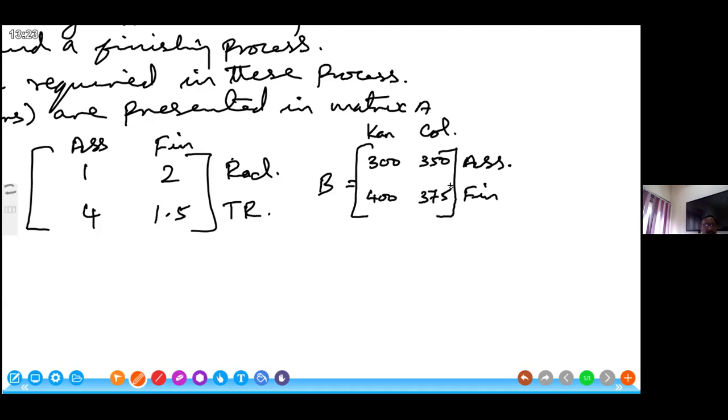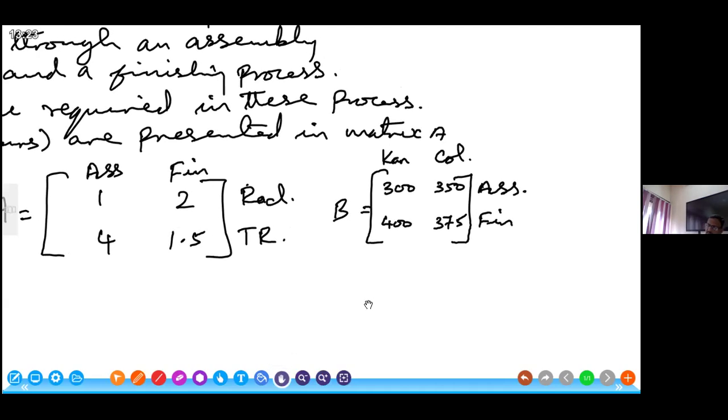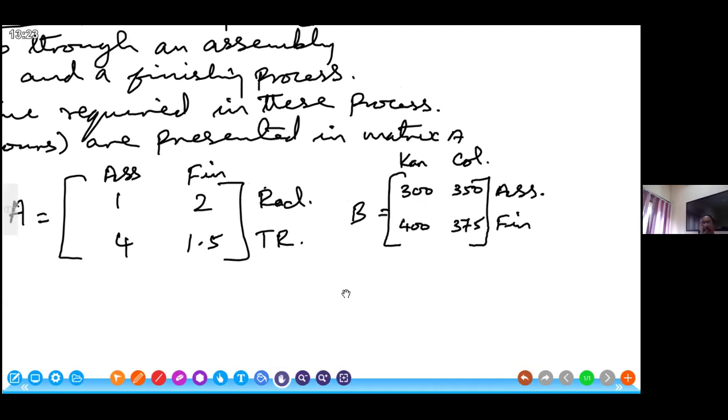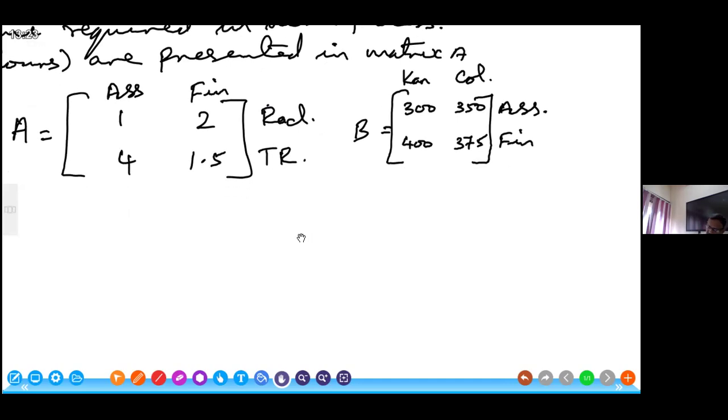Right, so the first matrix A is giving the time taken for operations, assembling and finishing of radios and tape recorders. The second matrix gives the rate per hour for assembling and finishing, both in the Kandy factory and Colombo factory.